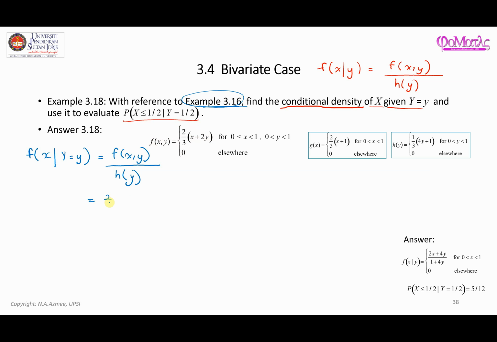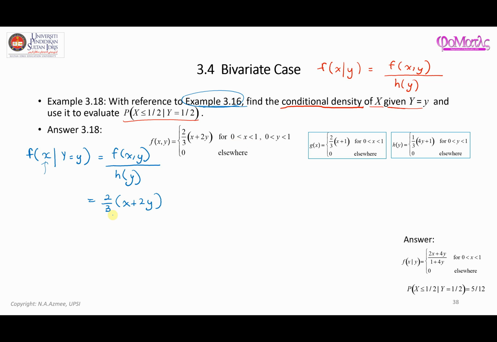It's equal to 2 over 3 times (x plus 2y), and we're considering the limits between 0 and 1, because now we're focusing on the conditional density for x.